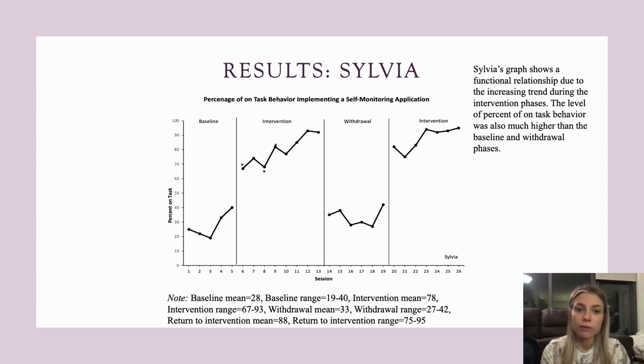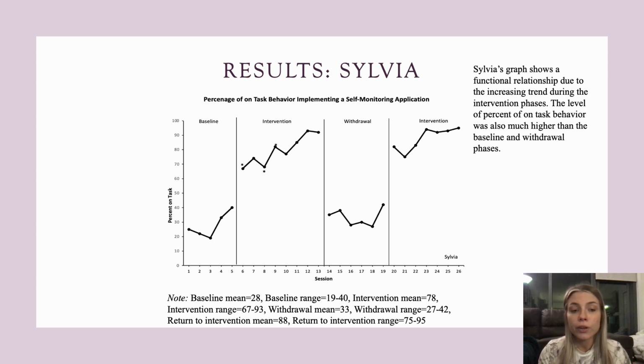So as the graph shows, there is a functional relationship because there is an increasing trend during the intervention phases, as well as a higher level in percent of on-task behavior during intervention versus the baseline and withdrawal phase.